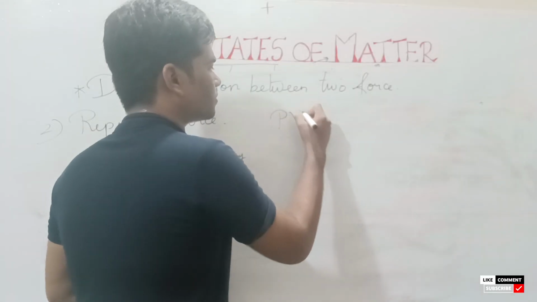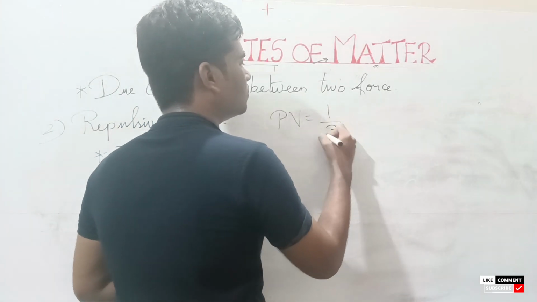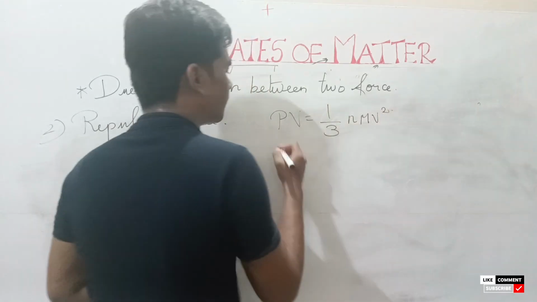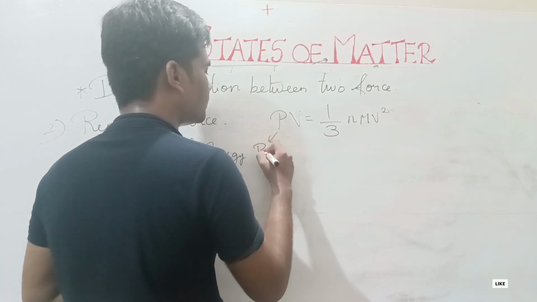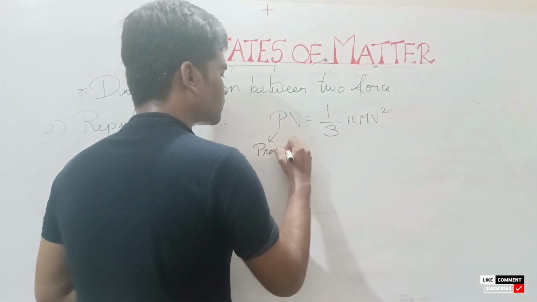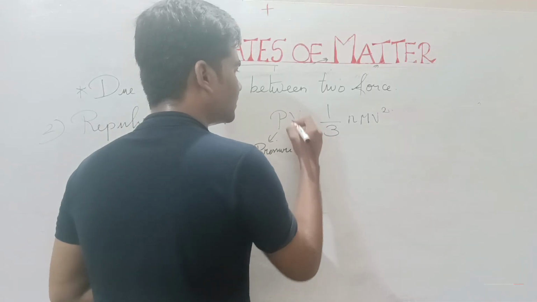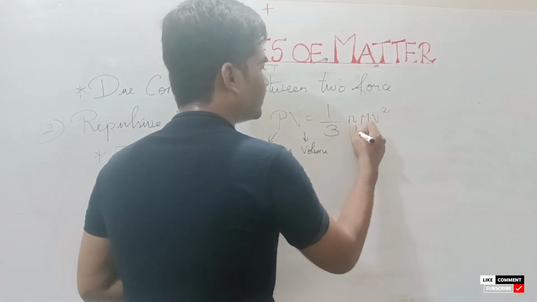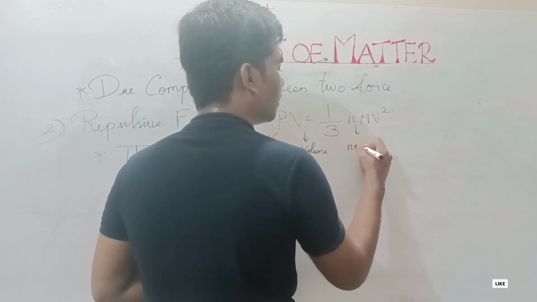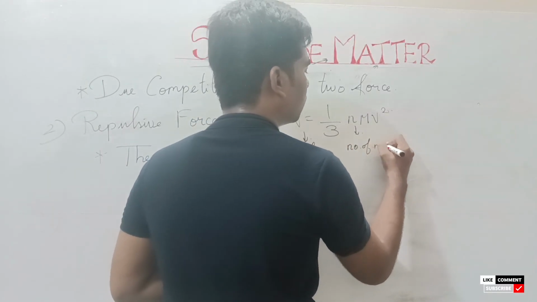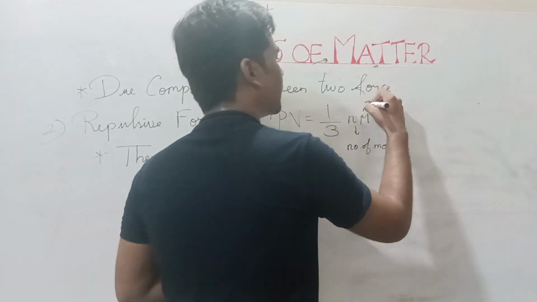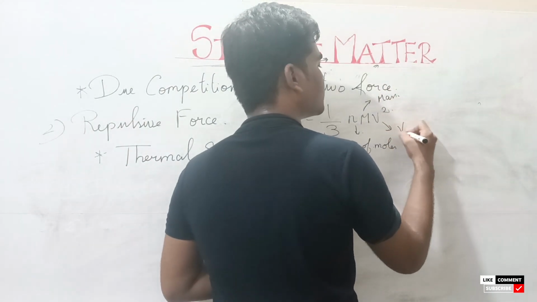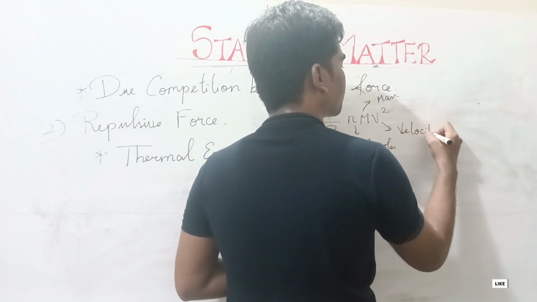That equation is PV = 1/3 N M V squared. Here, P represents pressure, V represents volume, N represents number of moles, M represents mass, and V represents velocity.